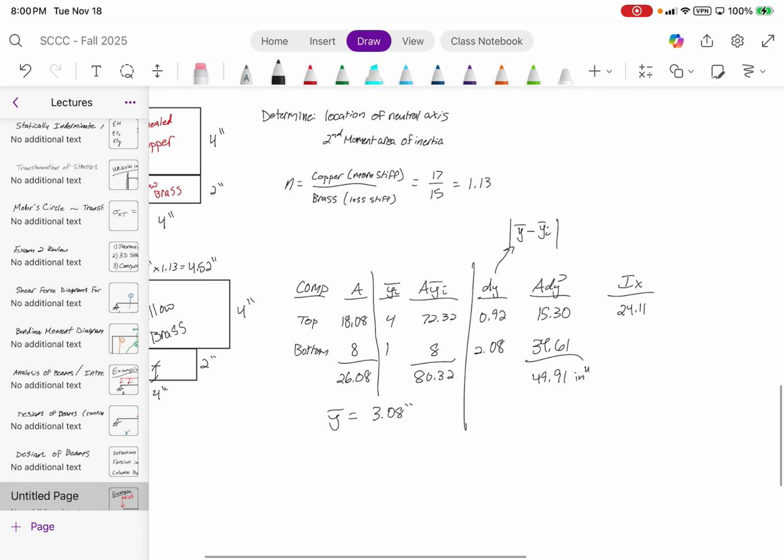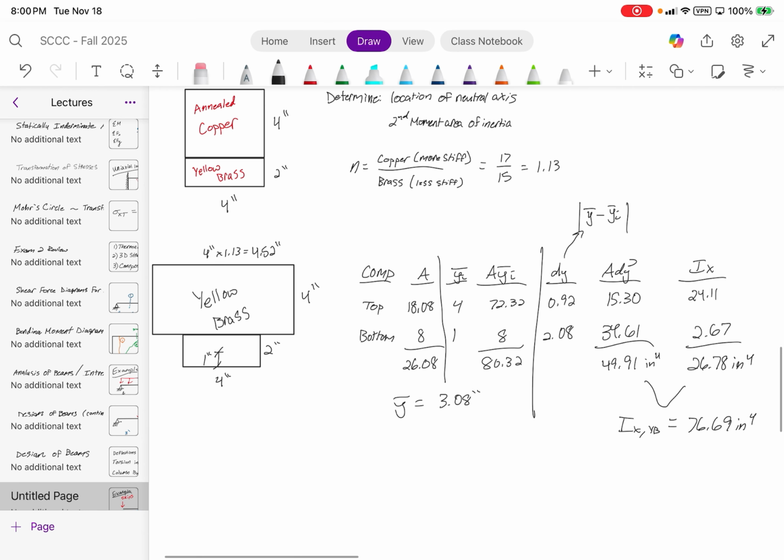And then for the bottom it's going to be 4 times 2 cubed divided by 12, 2.67, so 26.78 inches to the fourth, which means your Ix for yellow brass, I'm just going to call it YB, is just going to be the sum of the two Ix plus the A dy squared, which gives you 76.69 inches to the fourth.